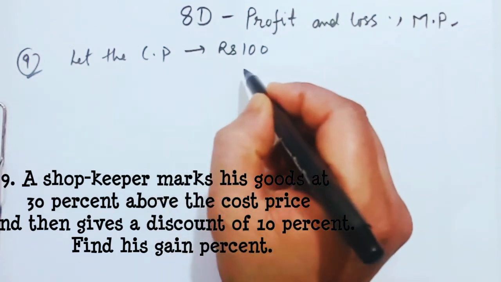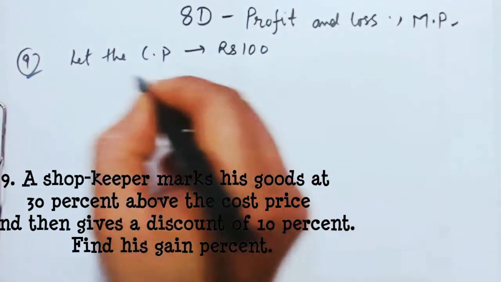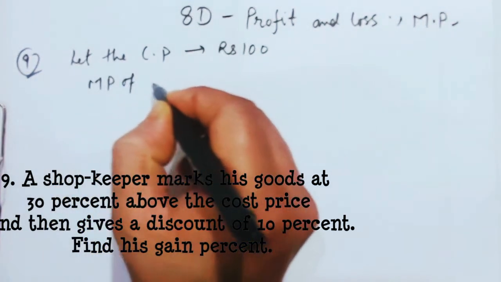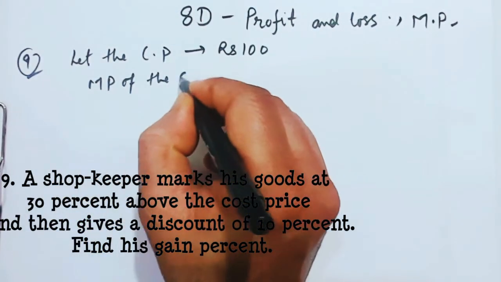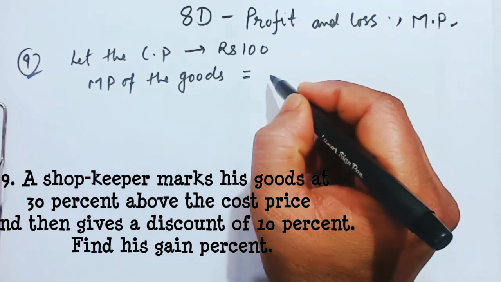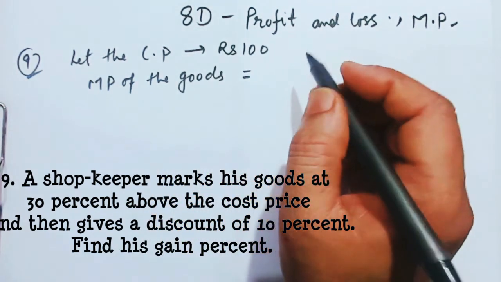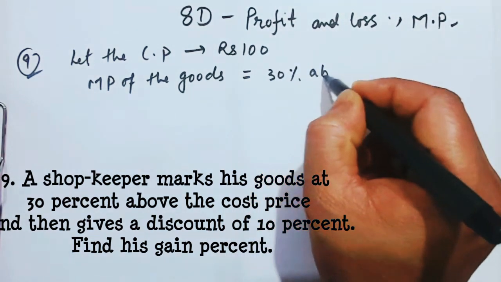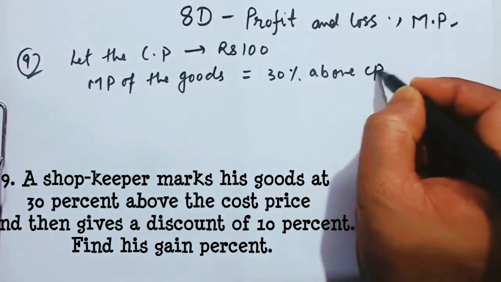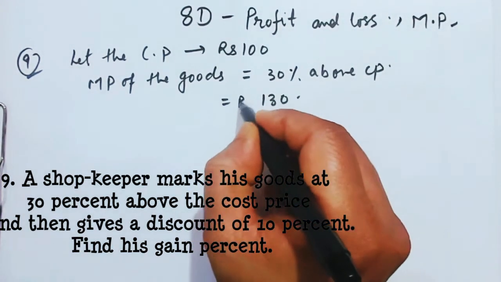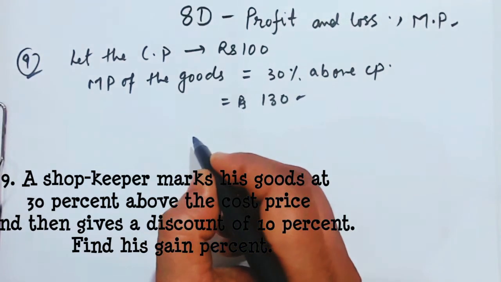The mark price of the goods is 30% above the cost price, which means 130. Simple. And he gives a discount of 10%.